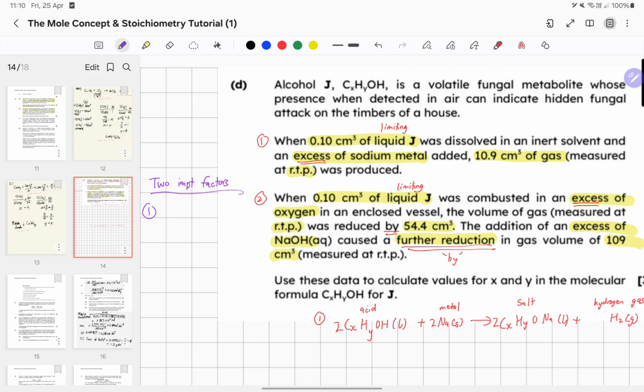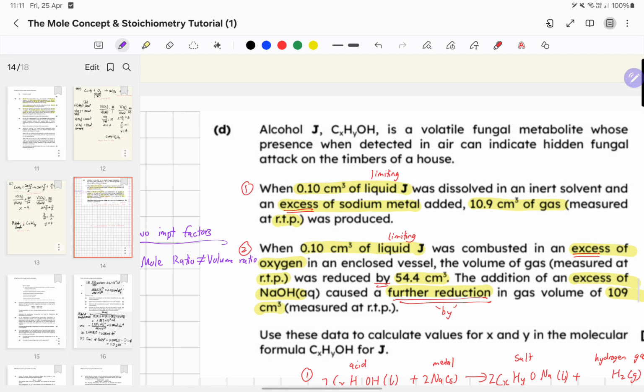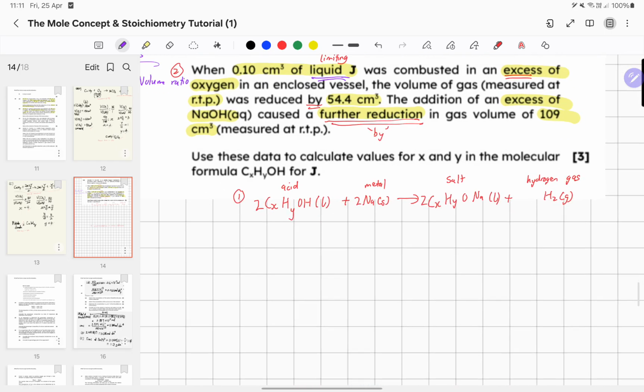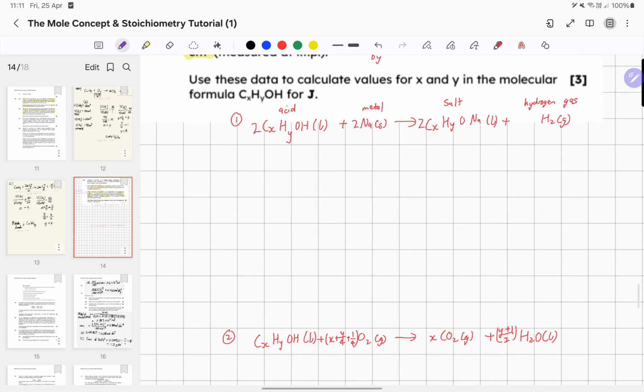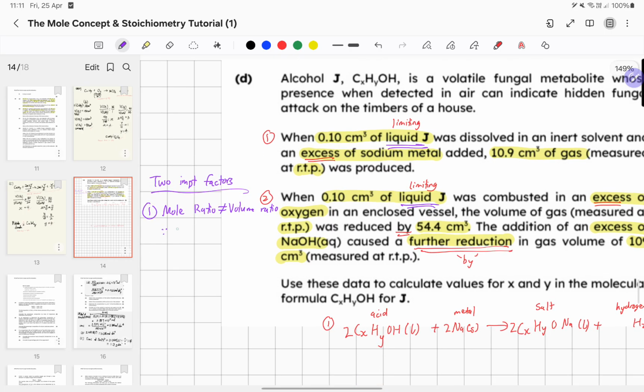The first factor is that your mole ratio cannot be equal to your volume ratio anymore, because you have a liquid present in the chemical equations. This is because alcohol J is a liquid.